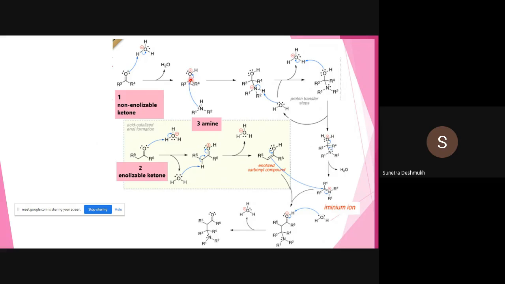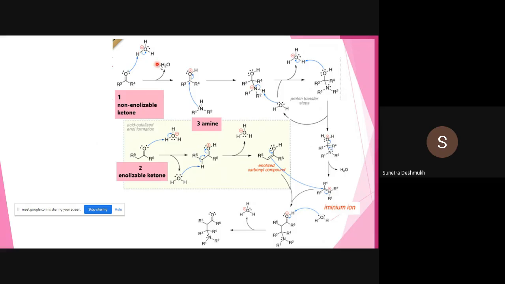Due to protonation, this carbon atom becomes more electropositive, so the nucleophile, the lone pair on the nitrogen atom, attacks the electropositive carbon atom of the carbonyl group, and this type of intermediate is formed.